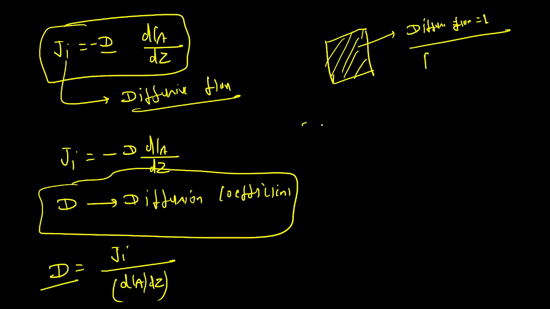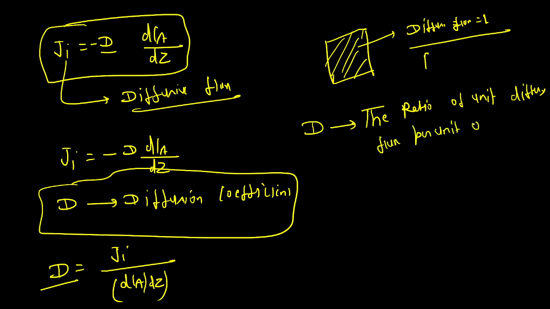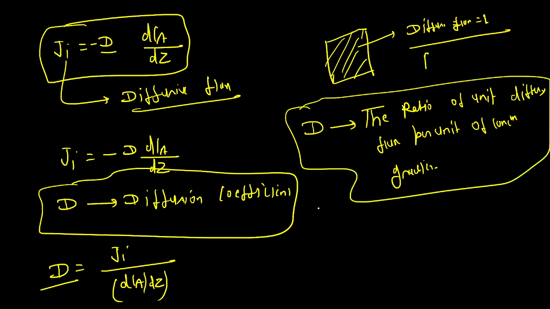So you can define it as the ratio of unit diffusive flux per unit concentration gradient. This is the diffusion coefficient of any particular substance.